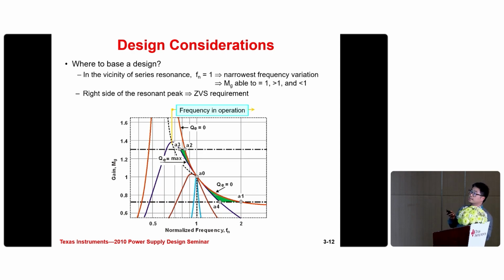Also, we can see that the gain can be larger or smaller or just equal to 1. We should also keep the LLC curve working at the right side. Look at this dashed line here. We should work at the right side of the resonant peak, so the LLC will achieve ZVS.